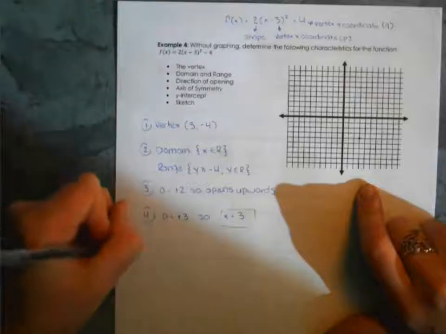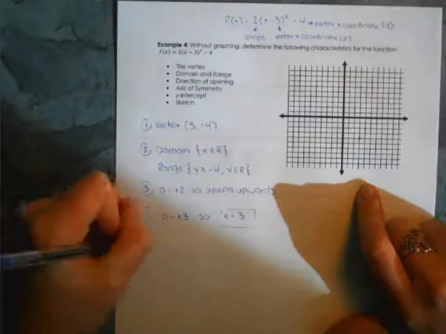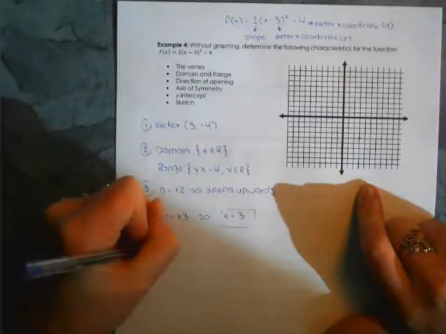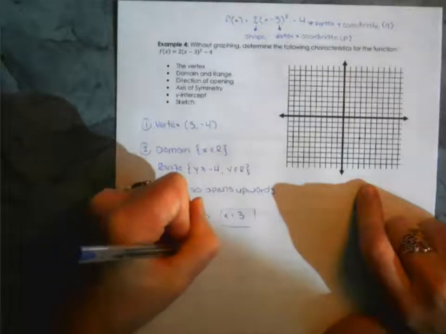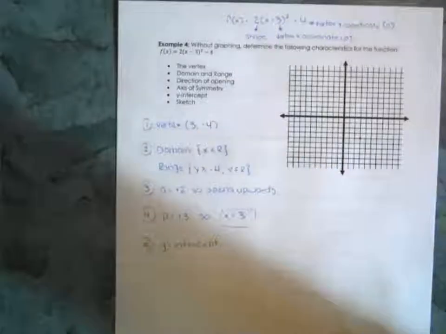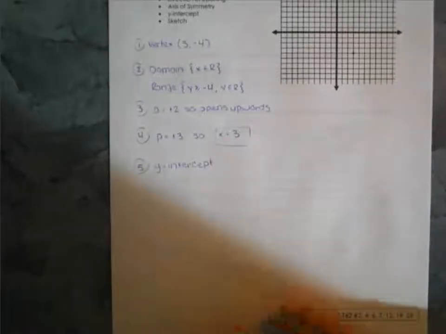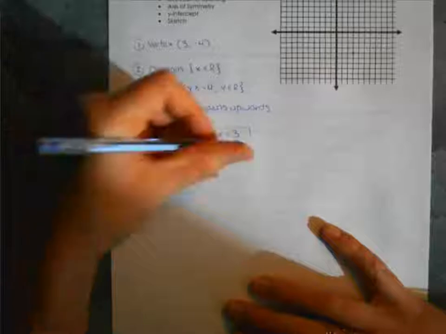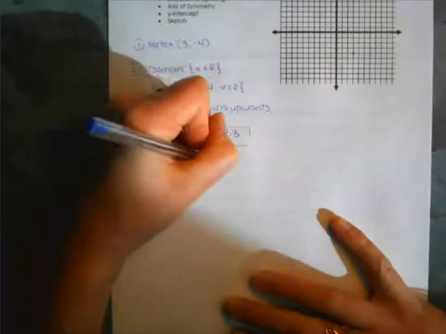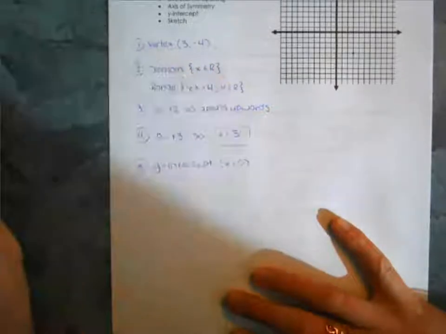Okay, now this is kind of new information, the y-intercept. So I told you guys how to figure it out in your graphing calculator, but I also want you guys to know how to do this manually. And so basically what you would do to solve for this is whenever you have a y-intercept, just like we said in the graphing calculator, your x value is going to be equal to 0.